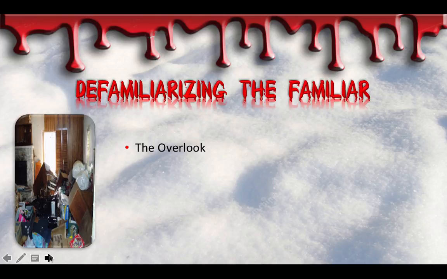Interestingly, Jack doesn't seem to be bothered much by the defamiliarization of the familiar. In fact, he seems to almost feel more at home in some ways in the defamiliarized Overlook than he does before things get weird. Part of the genius of the Overlook's evil is how it uses settings familiar to and loved by Jack's mind to further enthrall him.